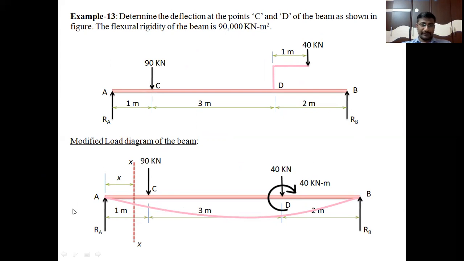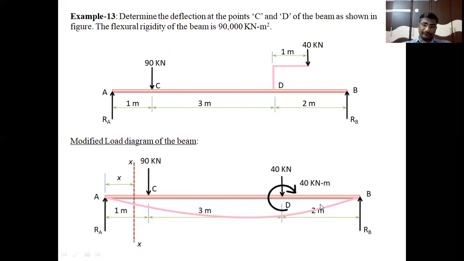So RB into 6 minus 40, and also minus 40 into 4 meters. This 40 kilonewtons direct load is there. 40 kilonewtons into the perpendicular distance, which is 4 meters from point D to A. So minus 40 into 4, minus 90 into 1, because 90 kilonewtons develops a clockwise moment about point A. That's why I'm taking minus.